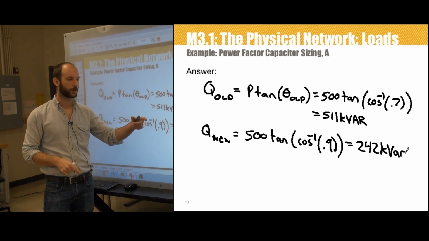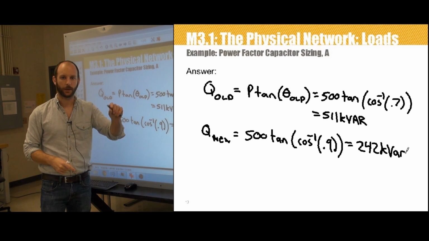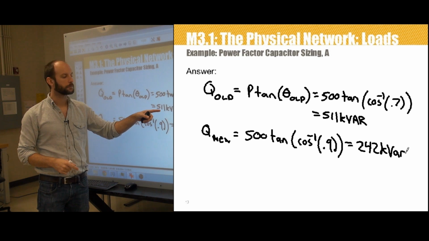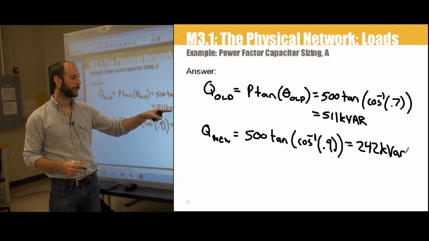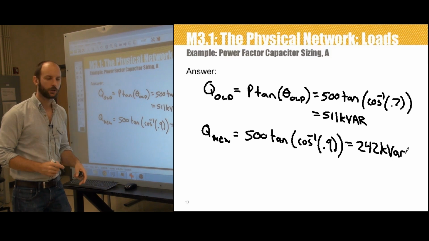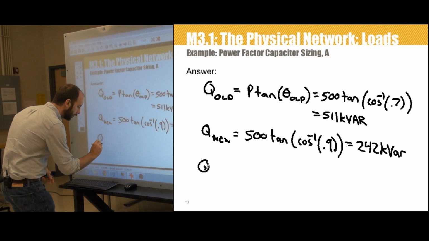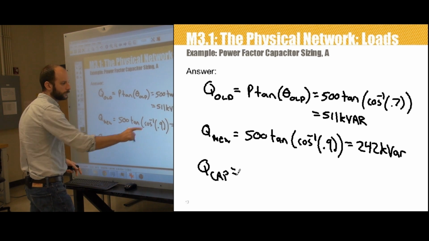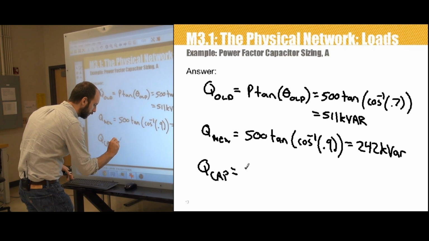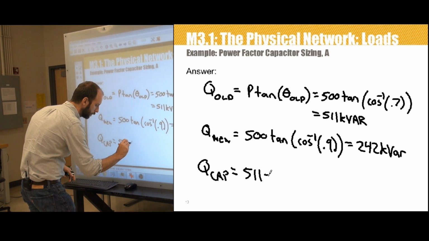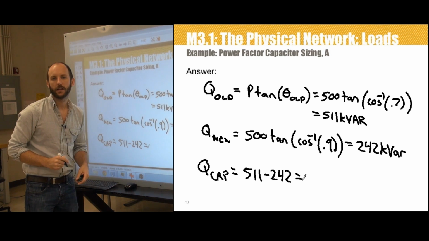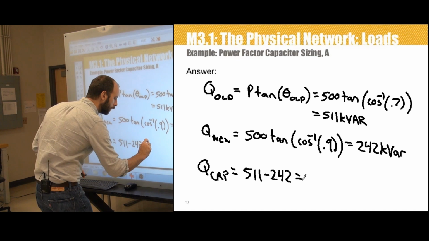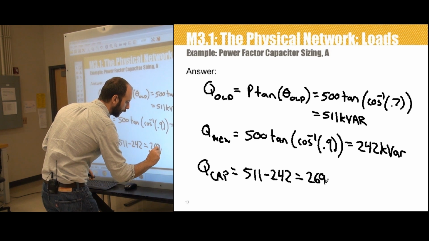We're putting a capacitor into the circuit to make up some of this. This is our new reactive power, that was our old power, and the difference has to be Q cap: 511 minus 242. And that's 269 kilovar. That's what the capacitor has to supply.